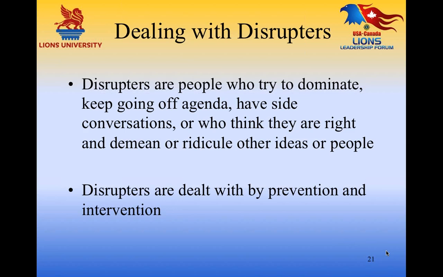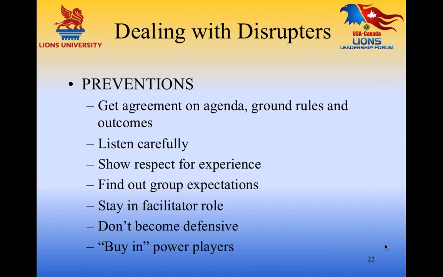There are a number of techniques you can use to prevent disruptors from being disruptive, and then there are some techniques to intervene when they are being disruptive to end the disruption, and that's what we're going to talk about next.